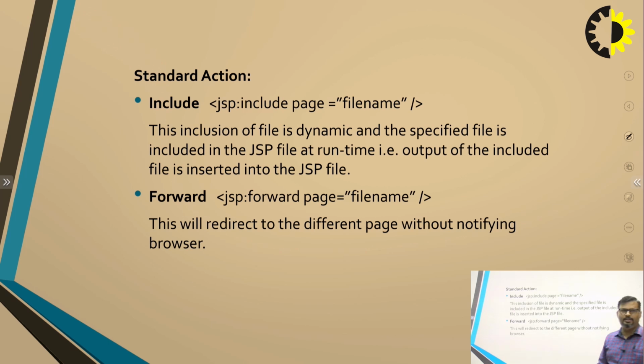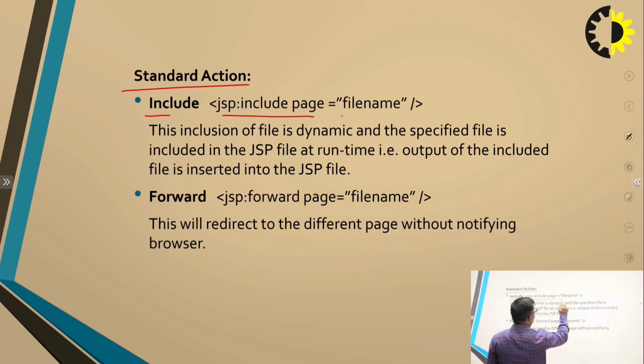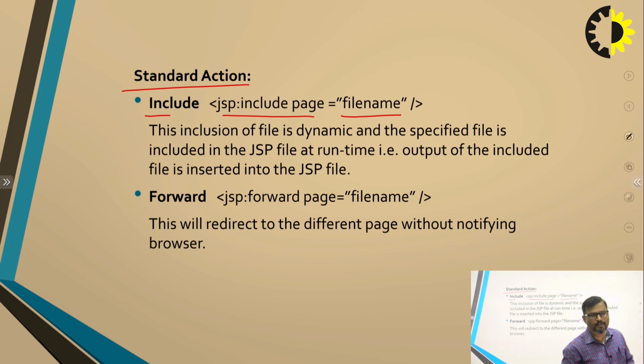Next, we use the standard action. Which types of actions will be performed on a web page? So, the standard action include is jsp:include page and file name. This inclusion of the file is dynamic, and the specified file is included in the JSP file.